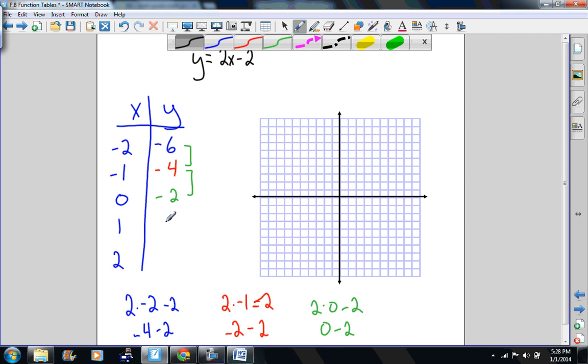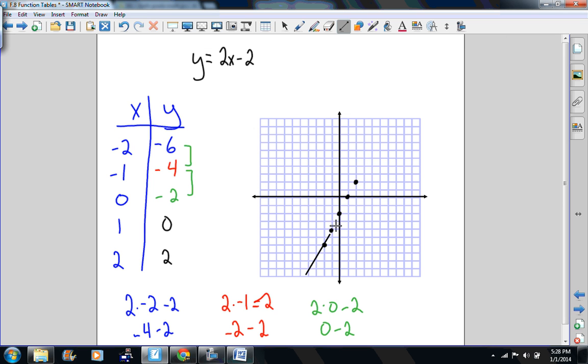And so if I've done it right, this pattern will continue just like that. And what's nice about these types of problems, if I have made this graph correctly, I will create a line. So if I go and I graph, I have made a linear equation. So now I put my little arrows on it, and I'm done.